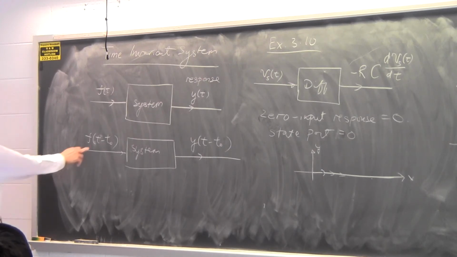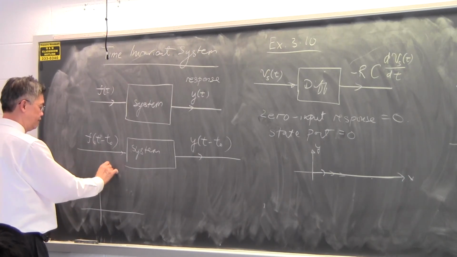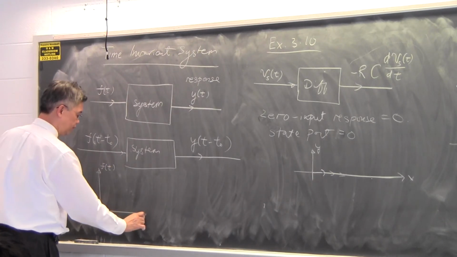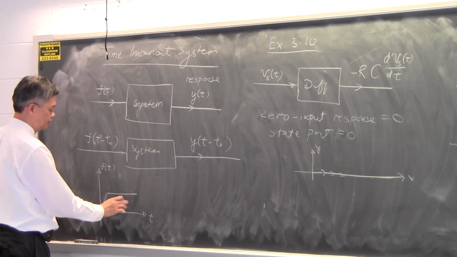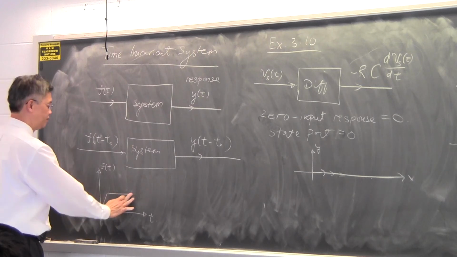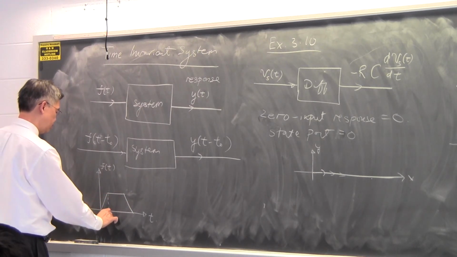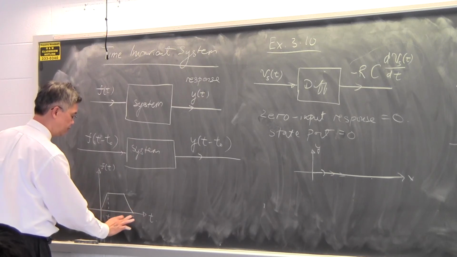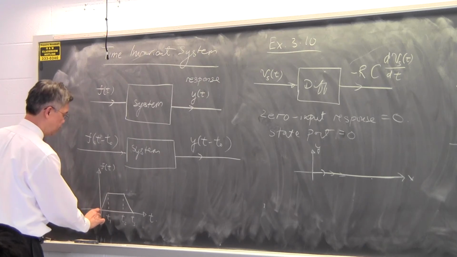So you know this means a time delay, right? If you have a function f of t, it might look something like this, or it might even look something like this, with points t1, t2, t3.